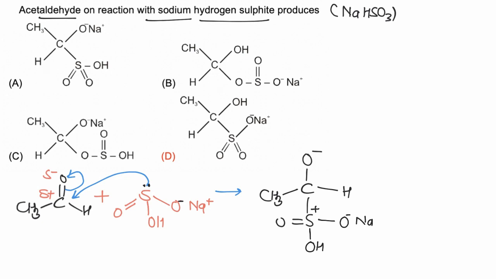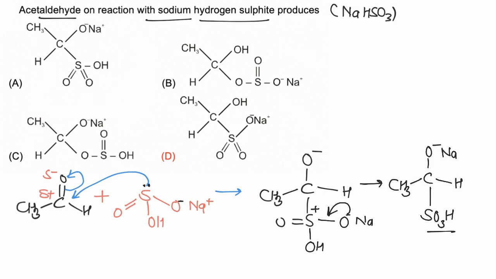Now sulfur has donated its pair of electrons, so it will get positive charge. Now these electrons are shifted towards sulfur, so a pi bond is formed between them, and CH3, C, O negative, H, SO3H, and Na positive is formed.